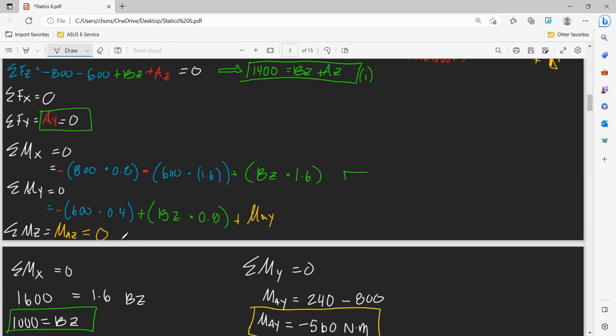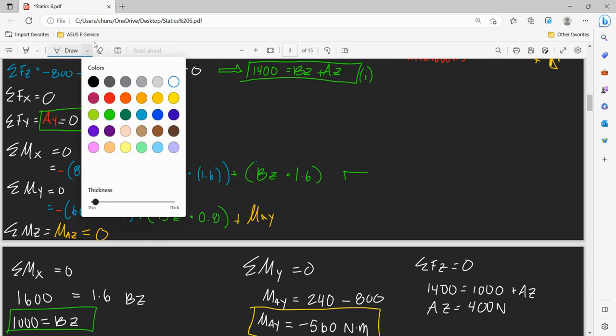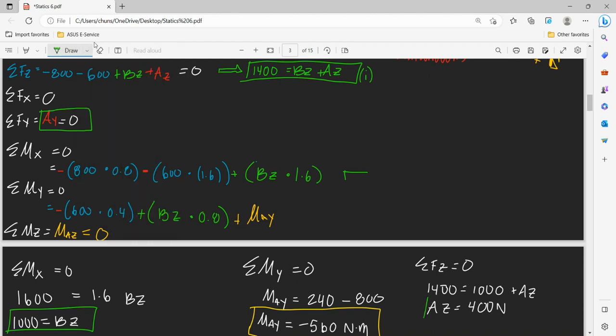Okay, and lastly, we are solving for AZ. So let's use our FZ equation. So then we have 1400, and we found what BZ was, so that's 1,000 plus AZ. And if we move that over, AZ is equal to 400 newtons in the same direction that we first assumed.